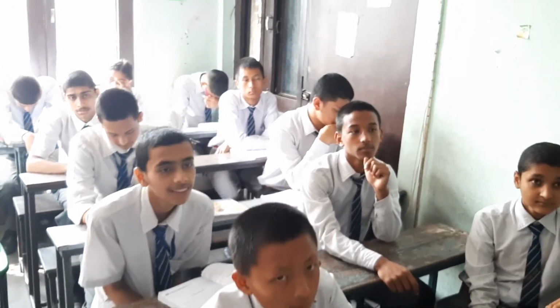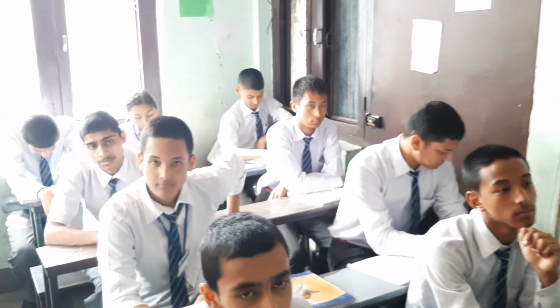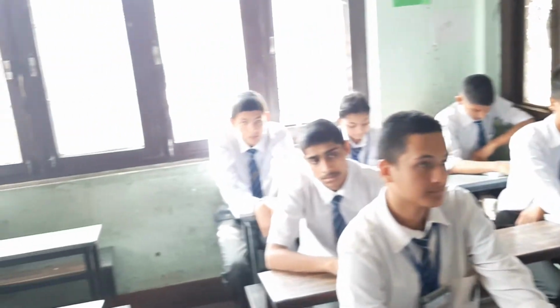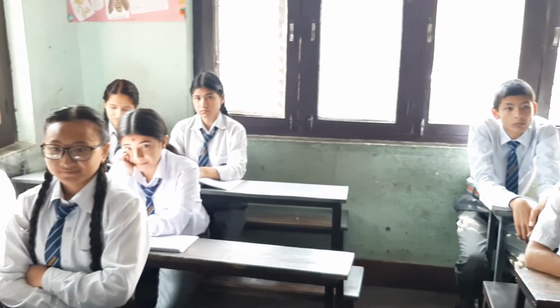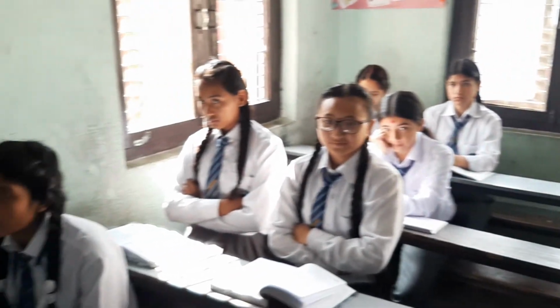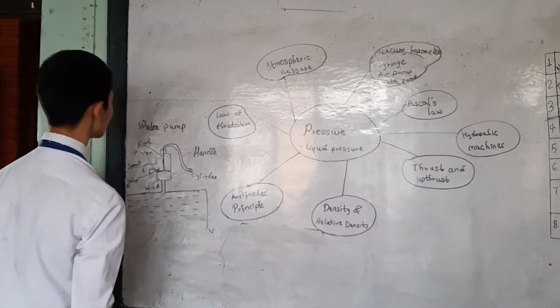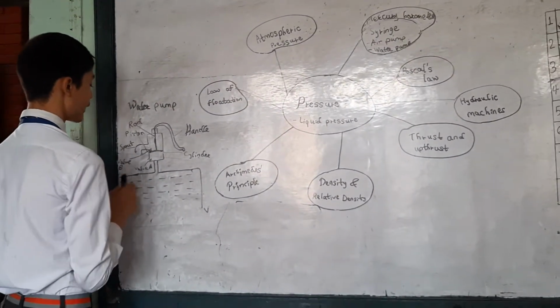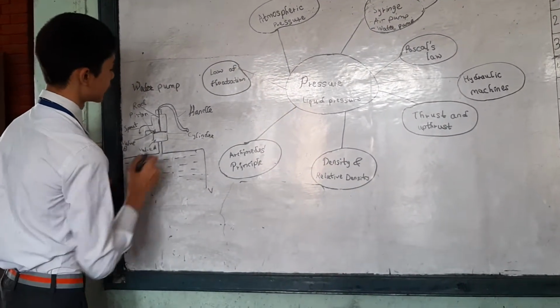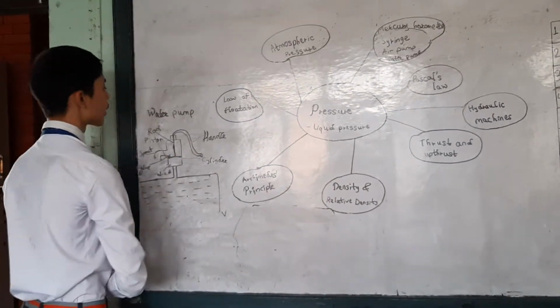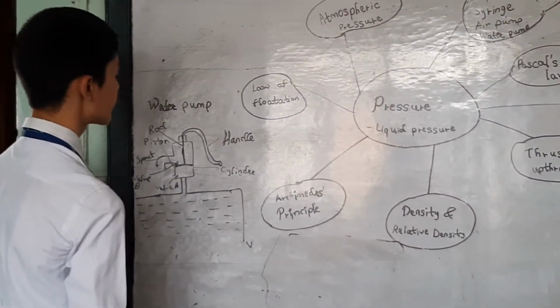Now, a water pump is a kind of device which is very helpful for extracting water from a water source. It is the same as an air pump, only it consists of a handle, cylinder, piston, rod, spout, and two valves. Now, this water pump works by two processes.